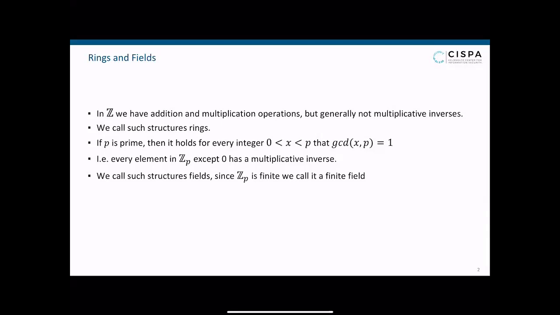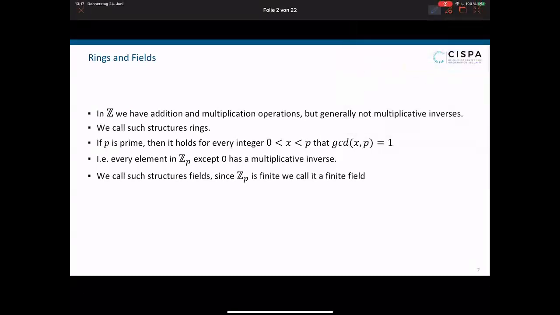There's a question: have we seen a proof for the third bullet point already? Yes, we have, basically just in the last lecture, if I remember. If GCD of a and p equals 1, then a has a multiplicative inverse modulo p.